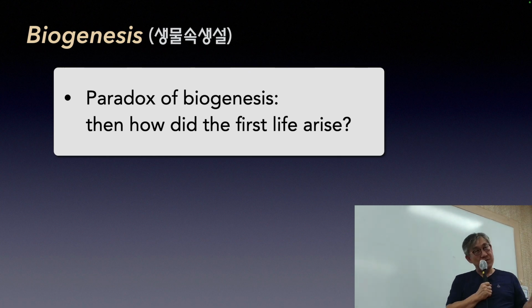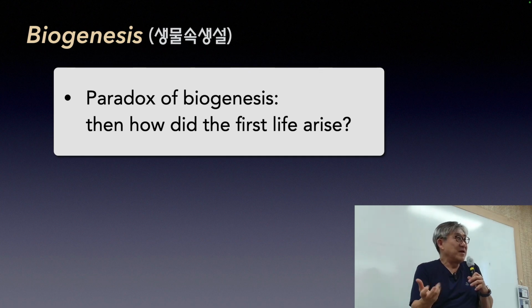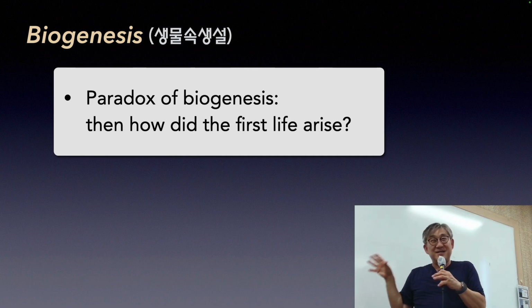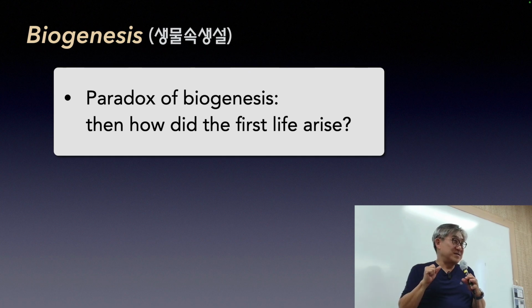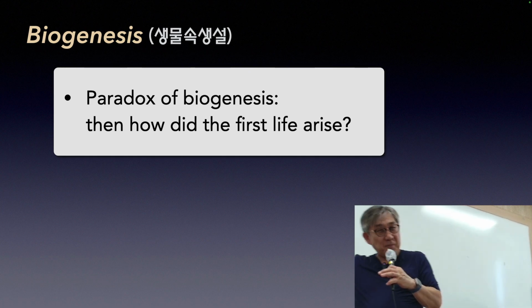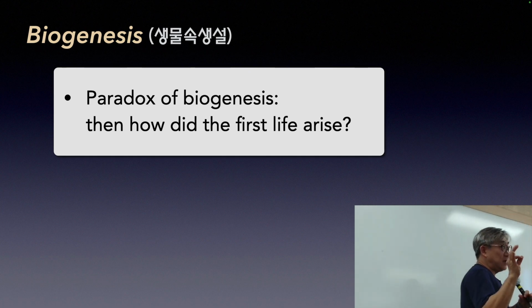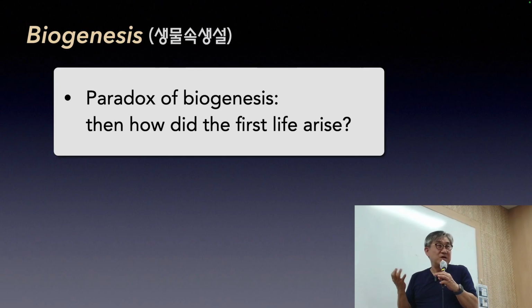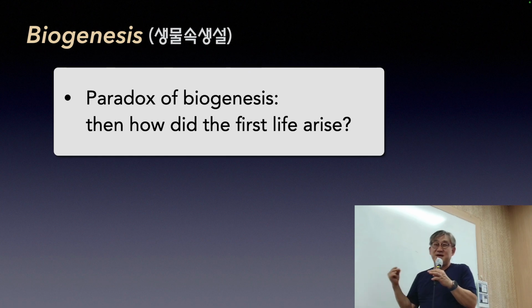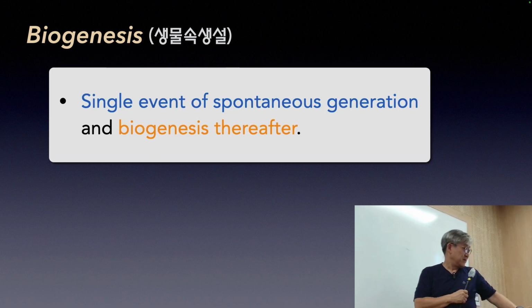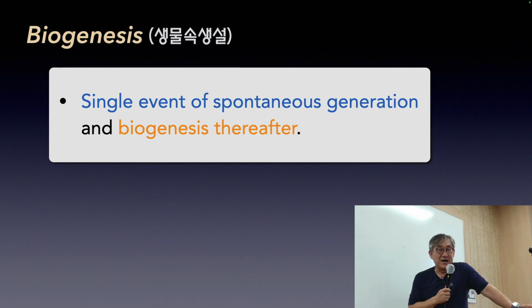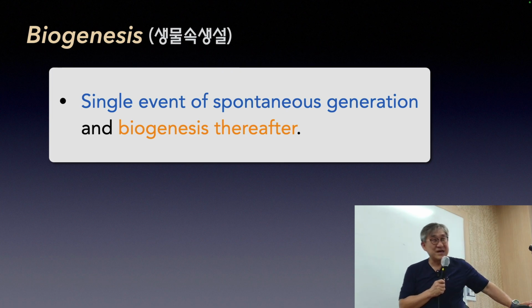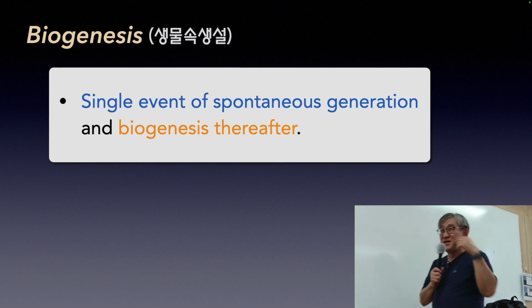Yeah, we all know that new life form can be generated only from the existing ones. But when we think back to the very beginning, then the origin of that very beginning is really, really difficult to explain. It's a problem. So, accordingly, biogenesis has to adopt some circumstantial, one-time-only special biogenesis theory.